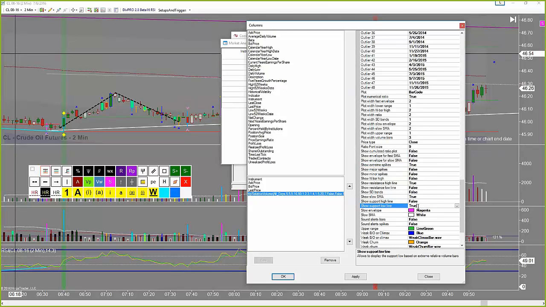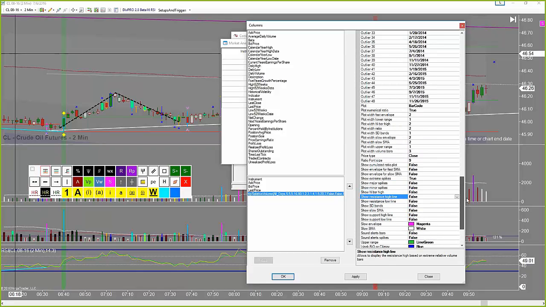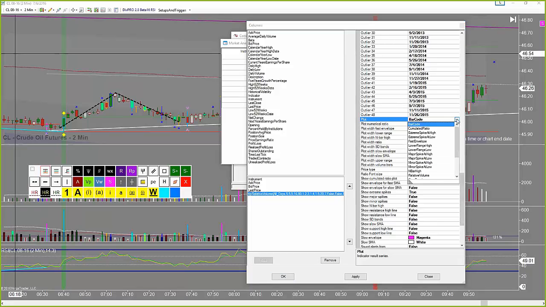We don't need any of these others. So extreme spikes. And then I need to set the plot right here. I need to set that to extreme spike.